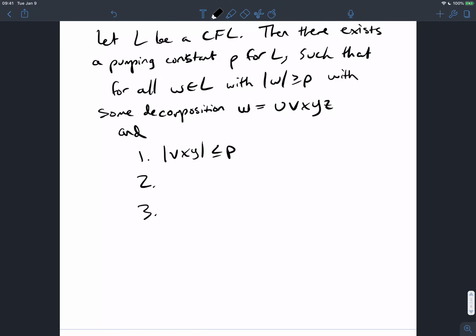Then we saw that the parts that really are pumped, the V and the Y pieces, one of them must be non-empty because the second occurrence of the variable can't coincide on both sides with the first occurrence. So the length of them together is at least 1.